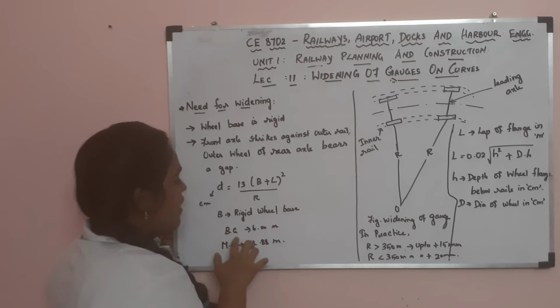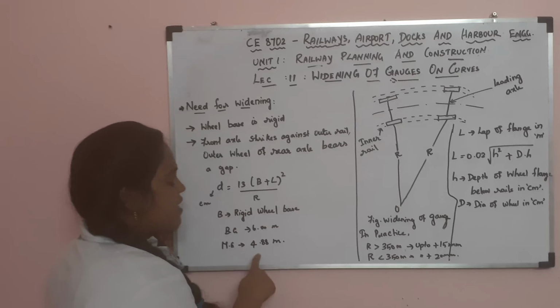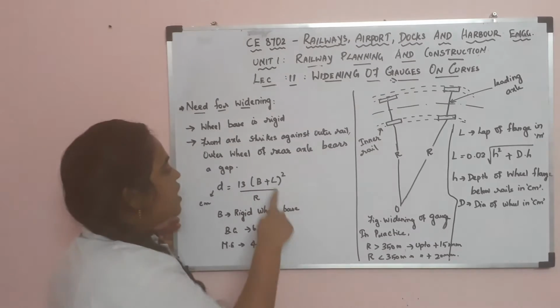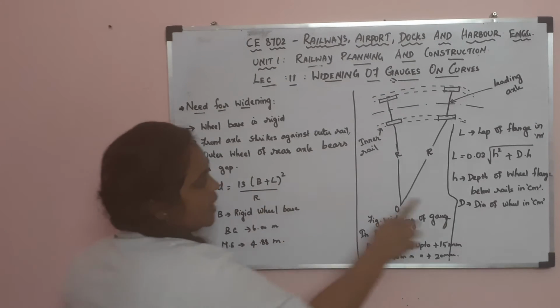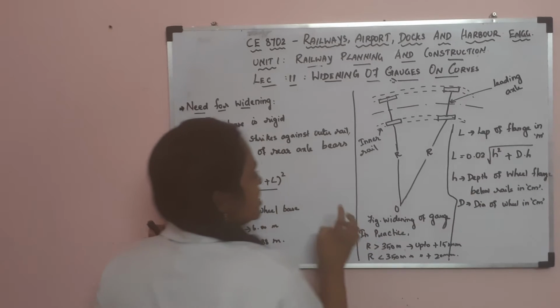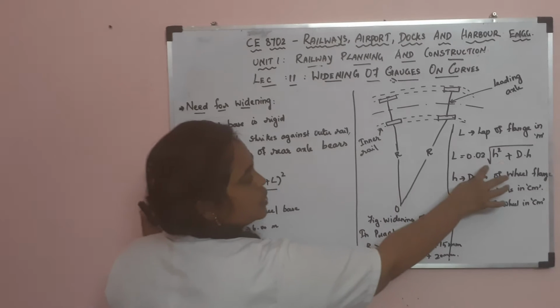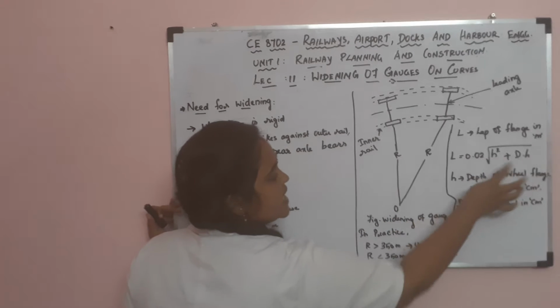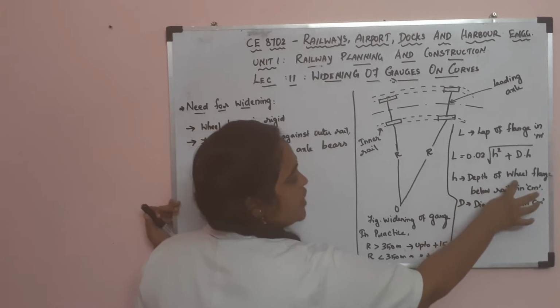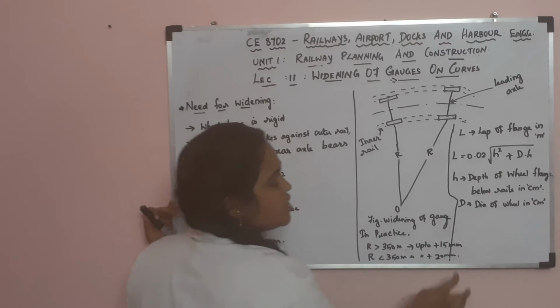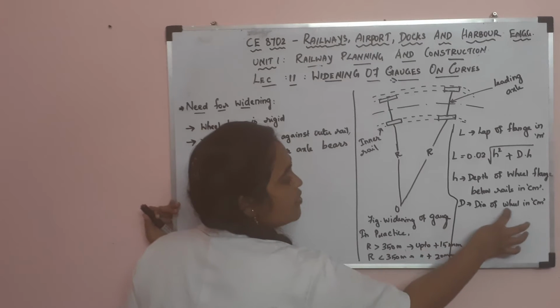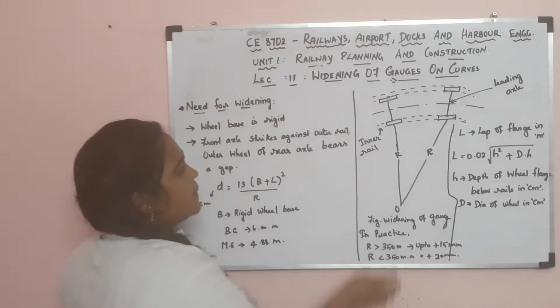That is, for broad gauge it is 6 meter and for meter gauge it is 4.88 meter. This L is the lap of flange in meter and this L is equal to 0.02 root of h square plus d h. Then h is the depth of wheel flange below rails in centimeter and d is the dia of wheel in centimeter.